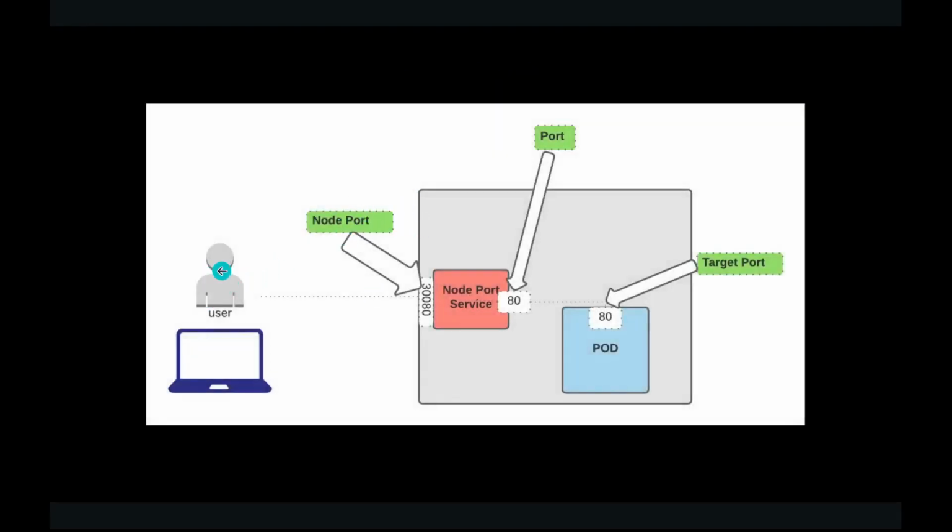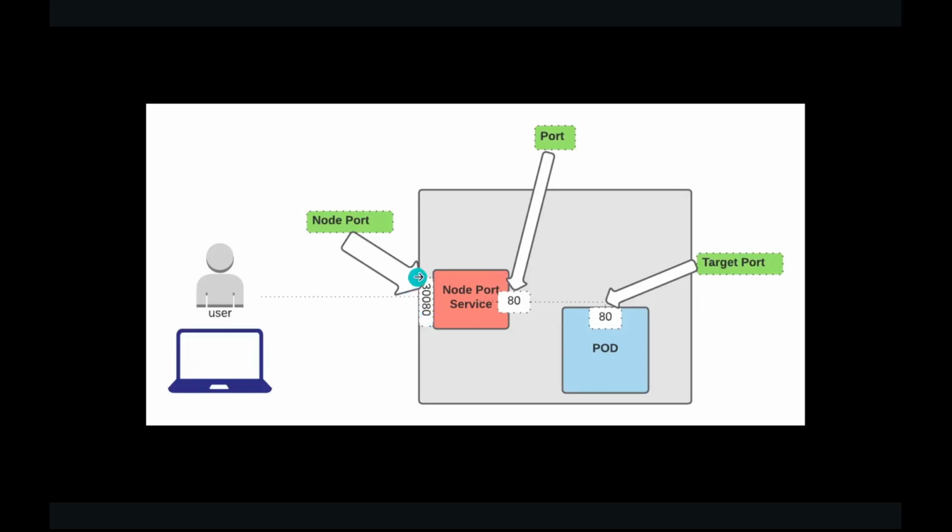So we have a user. This is our worker node, and this is my pod which is running inside the worker node. To expose this pod to the outside world, we created a NodePort service, and this particular port is the NodePort. As I said, this NodePort lies in the range between 30,000 and 32768.